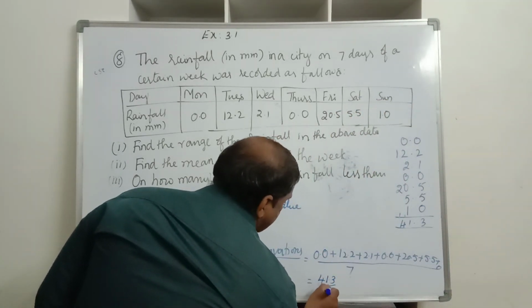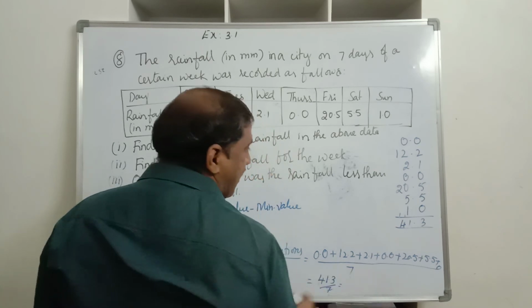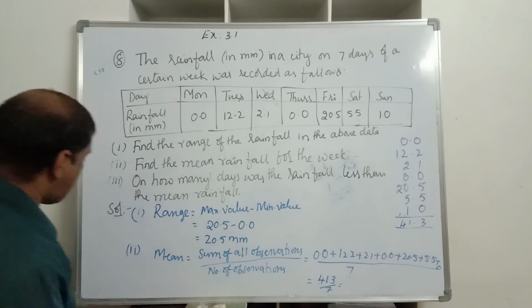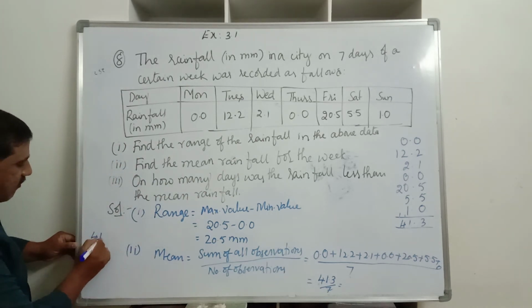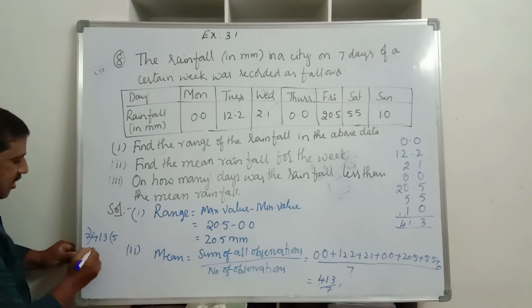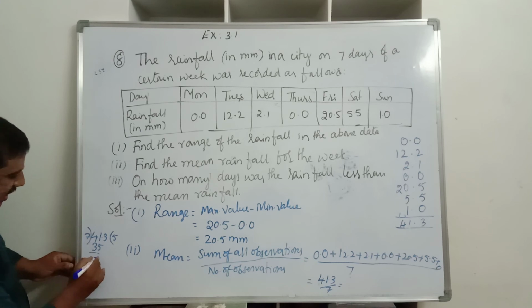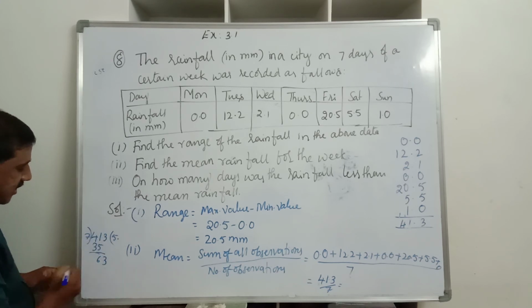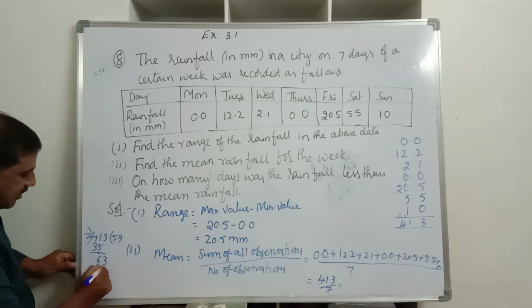41.3 by 7, that is equal to, divide 41.3 by 7. When we divide by 7, 7 5s are 35. So go for borrowing. 11 minus 5, it is 6. 3 minus 3, it is 0. Keep the point and bring down 3. 63. 7 9s are 63.